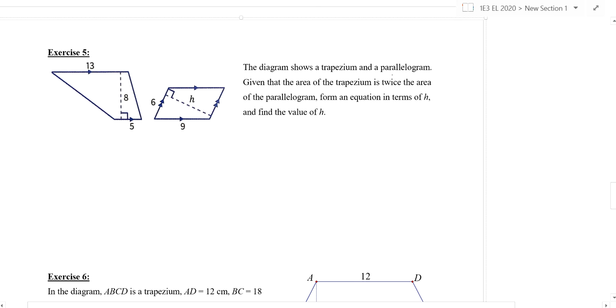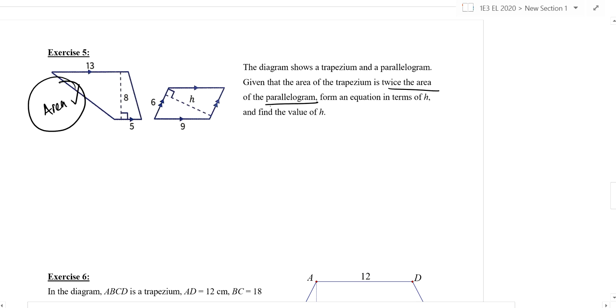Now, area of trapezium, we already have the lengths of the two parallel sides. We've also got the perpendicular height. So the area of the trapezium can be found very easily from the formula. So they say that this area is double that of the parallelogram.